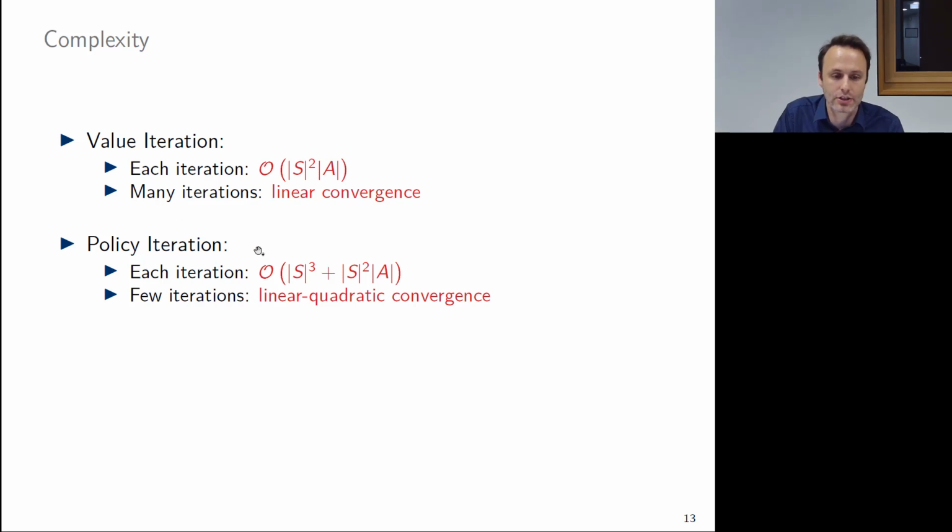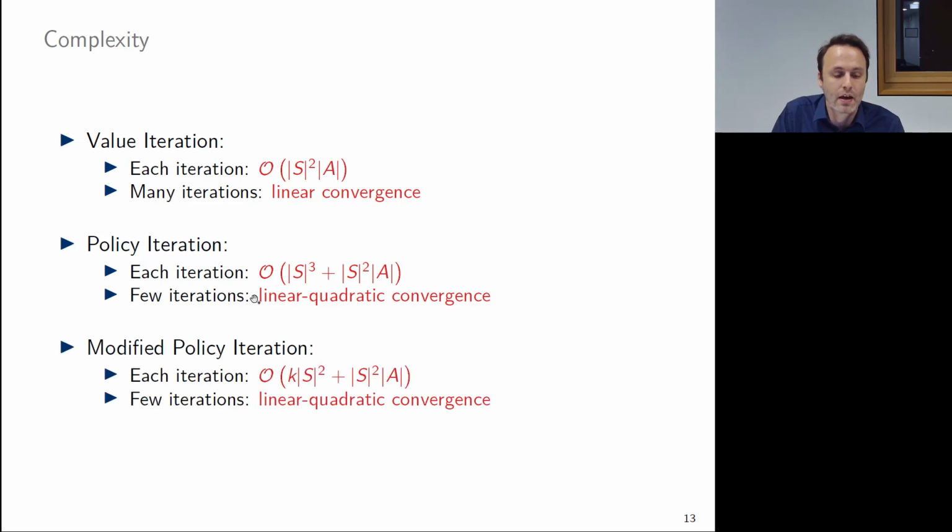The policy iteration might be more costly because we have to solve this linear system of equations and also have the number of states squared times the number of actions. So between linear and quadratic convergence is what we have, but we have fewer iterations, so we converge much more quickly.